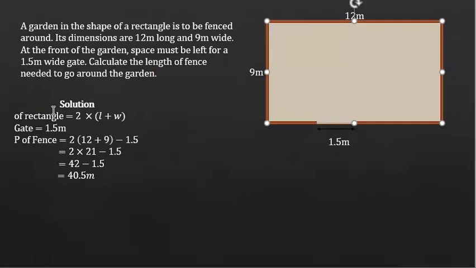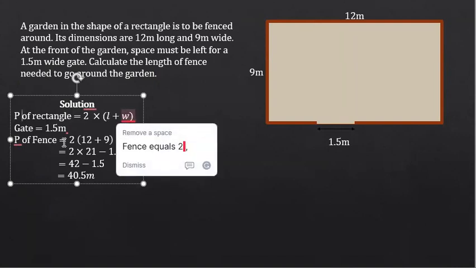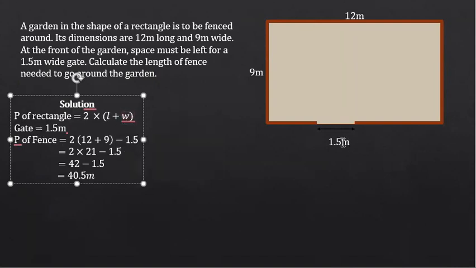We know that the perimeter of a rectangle is 2 multiplied by length plus width. The gate is 1.5 meters. We must subtract this 1.5 meters from the length of one side to be able to find the perimeter for the entire fence.